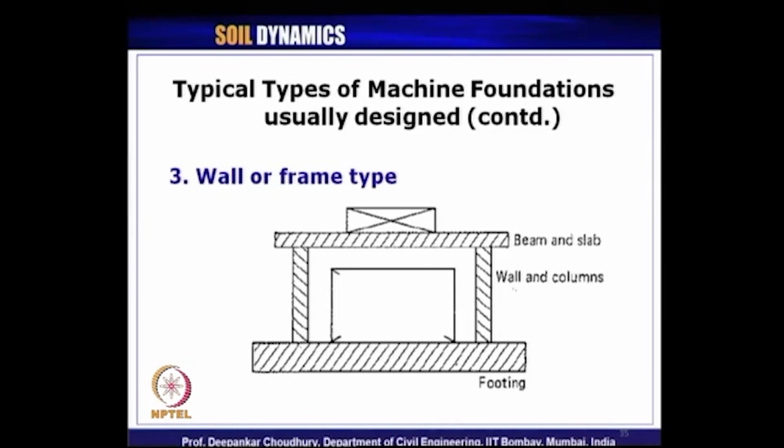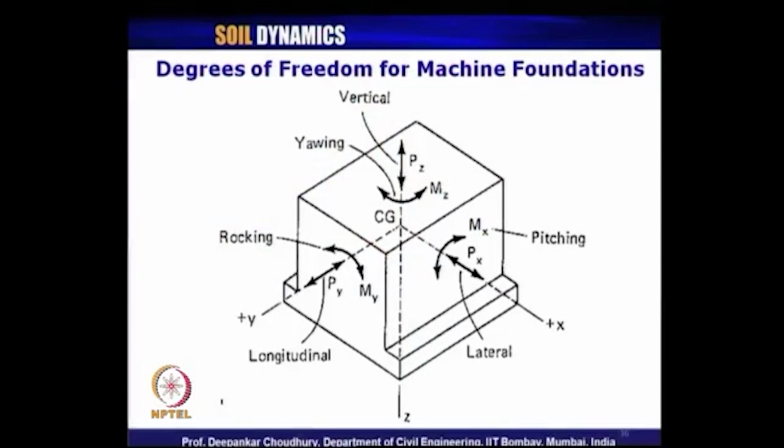Generally, for machines subjected to very high operating frequency, like turbo generators, many a time we have to go for this wall or frame type of foundation. Whereas for reciprocating machines, where operating frequency is pretty small, block type of foundation will be more commonly used or economically viable.